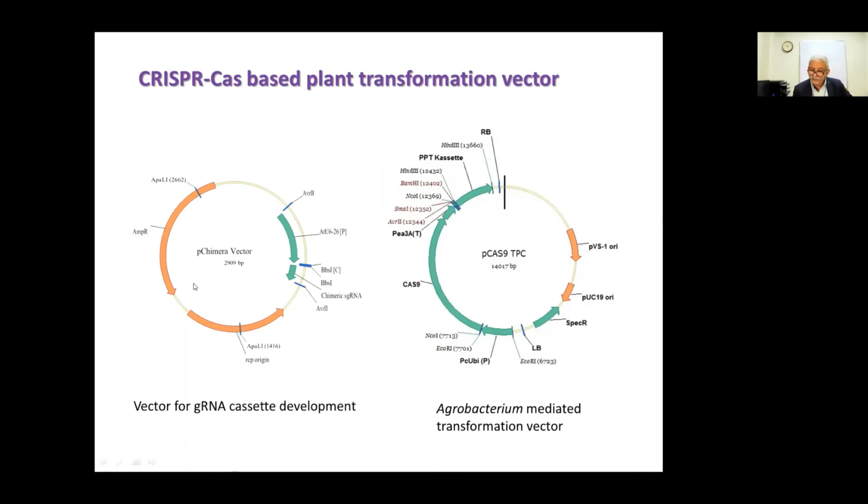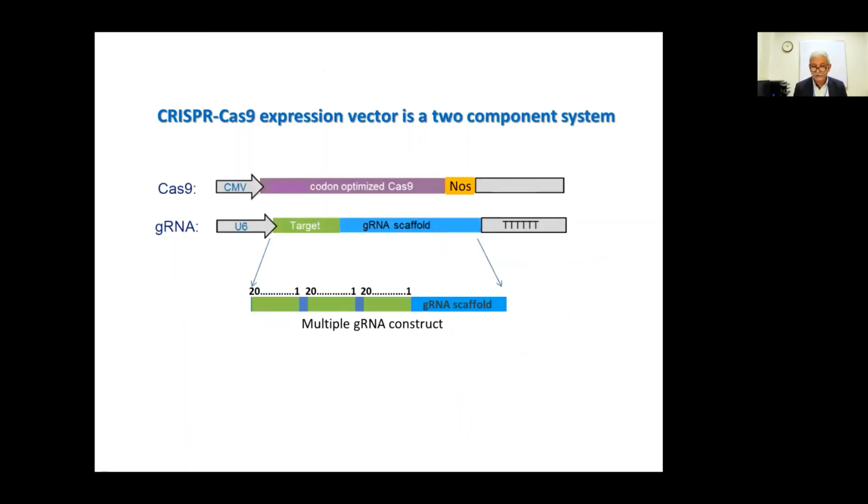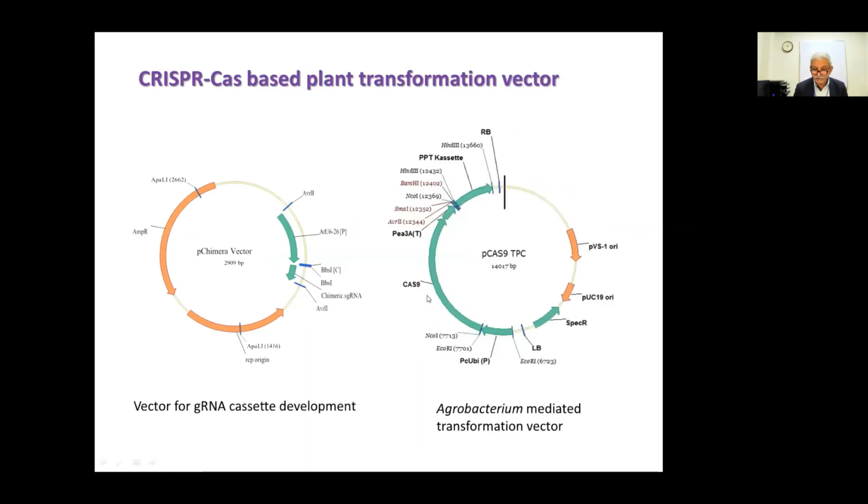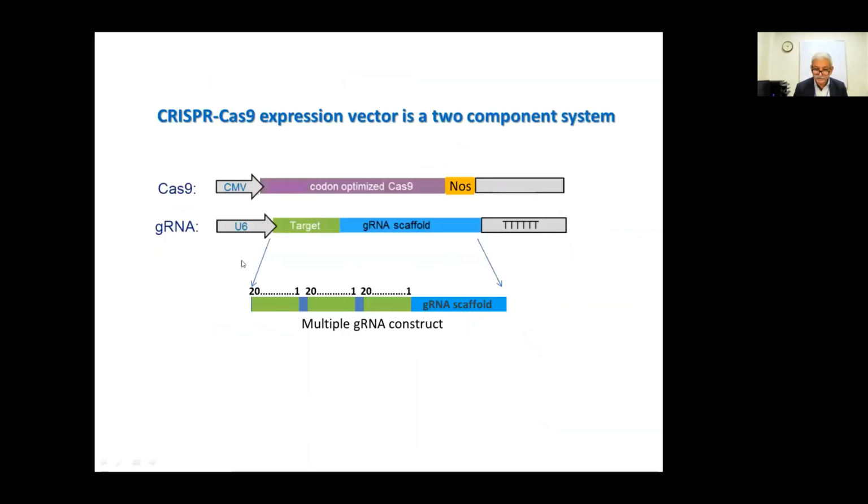You have a second vector, and on the second vector you have the chimeric sgRNA. What is a chimeric sgRNA? This one.